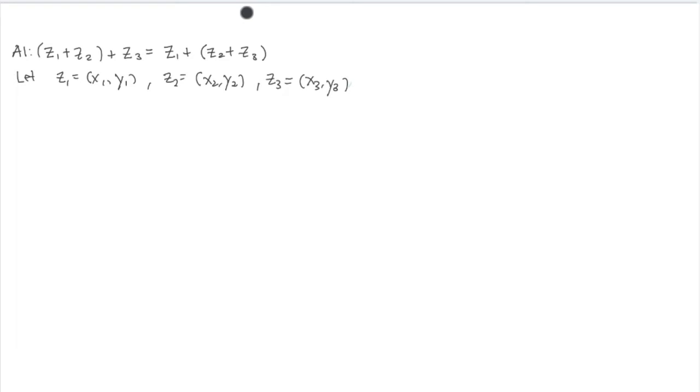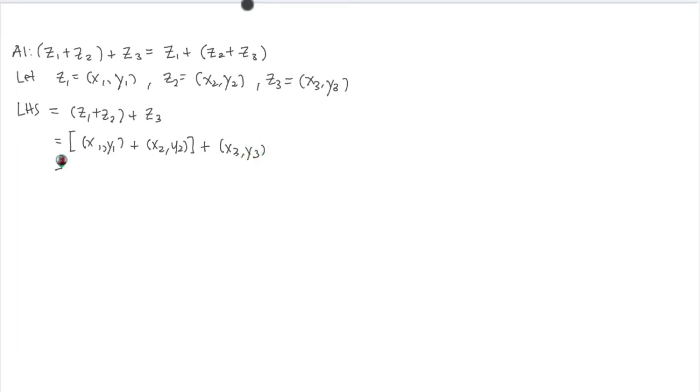So the left-hand side, which is equal to the quantity C1 plus C2, plus C3, can now be written as C1, the complex number (x1, y1), plus C2, the complex number (x2, y2), those quantity plus C3, the complex number (x3, y3).